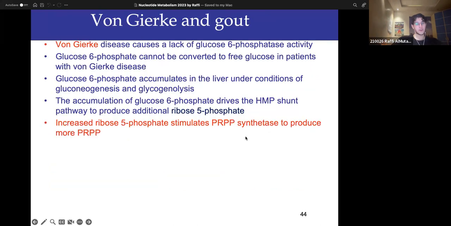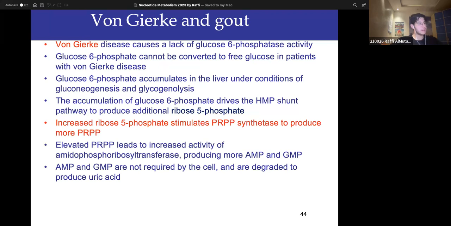Now, there are a lot of words on the slide, and if you're like me, you don't like looking at a lot of words. So let me summarize this all for you. Who mentioned HMP shunts? I think it was Selma, maybe? Yes, it was Selma. Selma mentioned the HMP shunt.